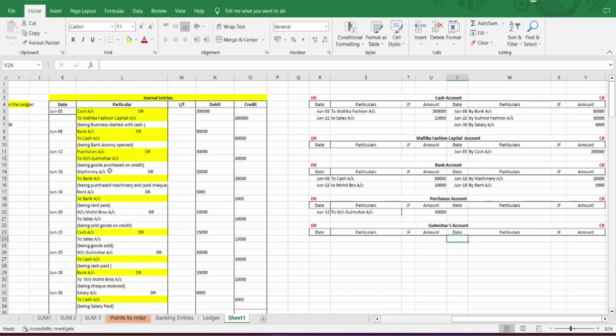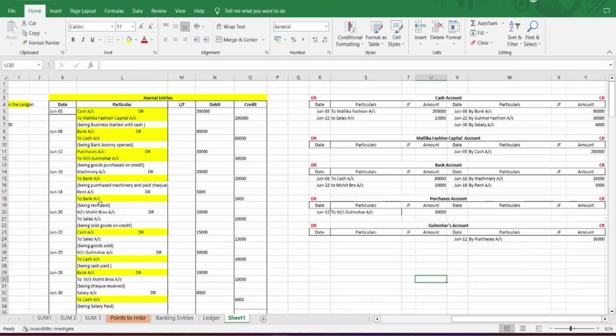So here we have Gulmohar's account credited by purchases account dated June 12 for rupees 30,000.